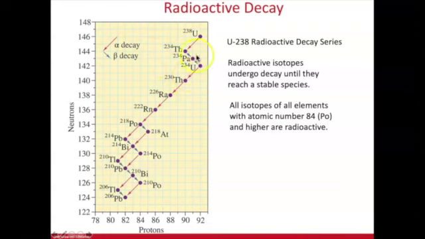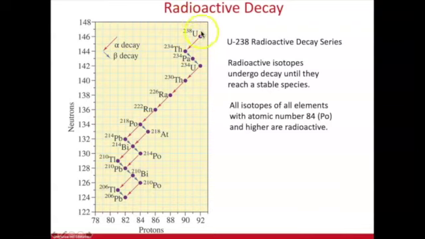Each step changes it to a different element, each time releasing an alpha particle or beta particle. And the end product is this lead-206, so that's Pb-206. And that doesn't happen in seconds or minutes or hours, but over millions of years.